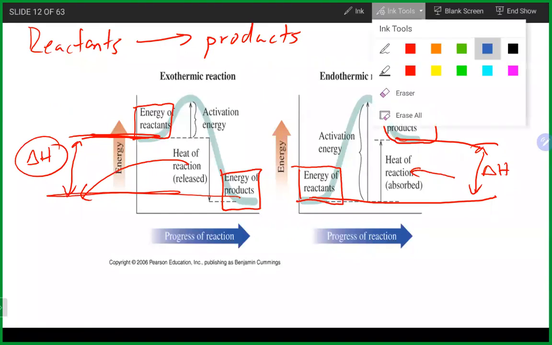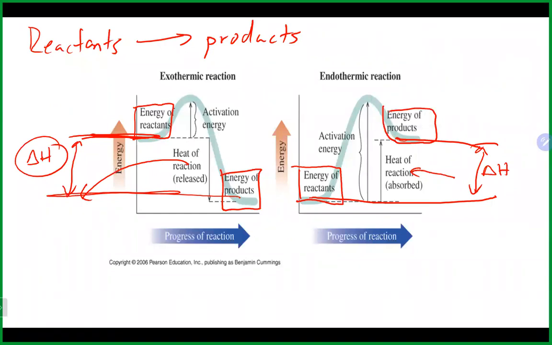Now, if we come back here and look at the comparison of activation energies on these diagrams, we have our activation energy here for exothermic and our activation energy here for endothermic. Which one is larger? It is the endothermic one, right? So it makes sense overall. It needs some energy to be put in there to get enough of the reactants up and over to the other side.